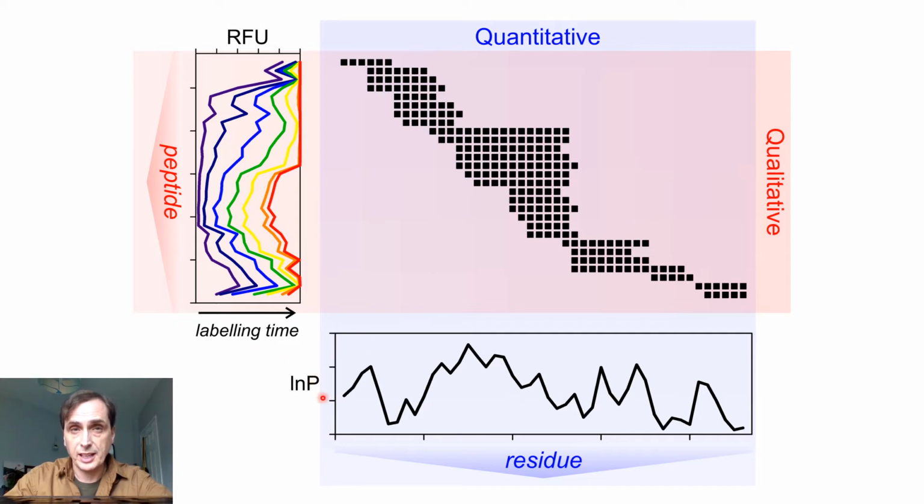And what we don't see is this information shown in the x-axis, which is not only resolved for each amino acid but is also quantitative.